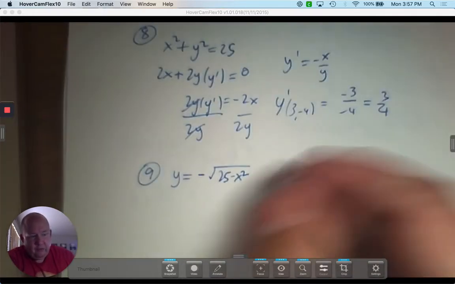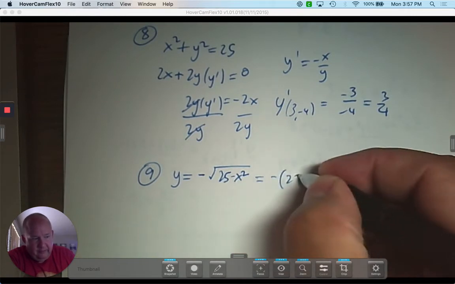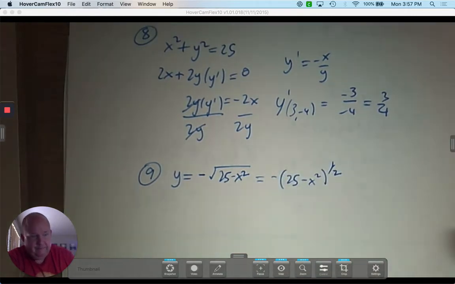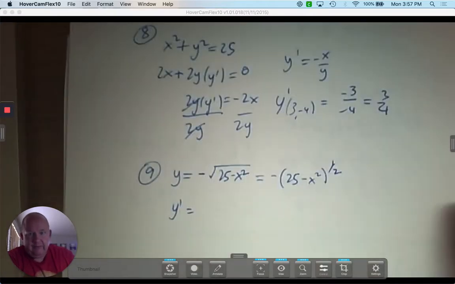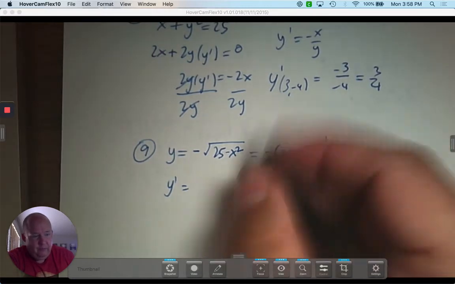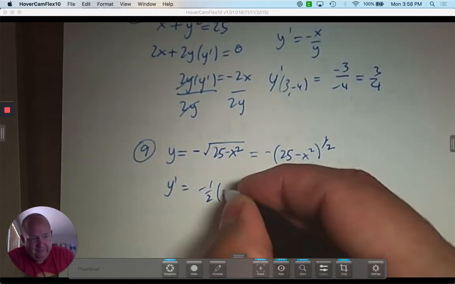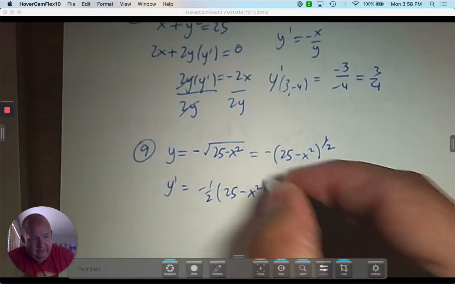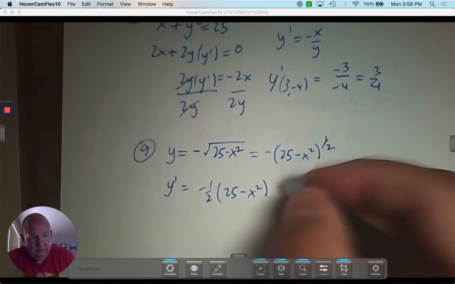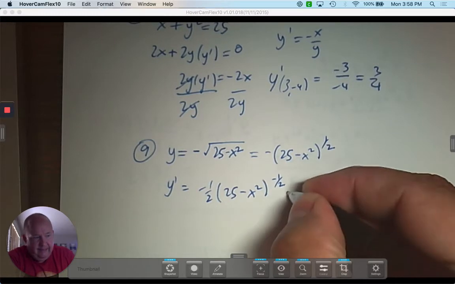And then take the derivative of this. Well, if I'm going to do that, I need to write it calculus friendly to begin with. So to the exponent 1/2. Then take the derivative of that. So 1/2 times -1 is -1/2, and then 25 subtract x squared, subtract 1 to 1/2. So 1 take away 2 is negative. And then there's a hook inside.